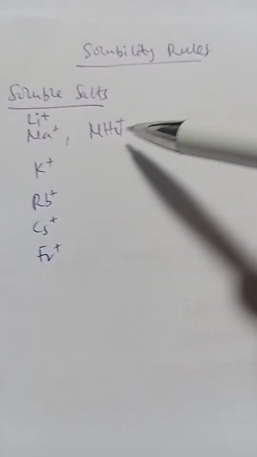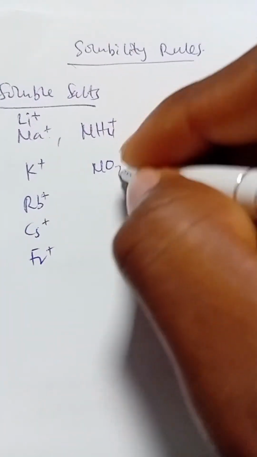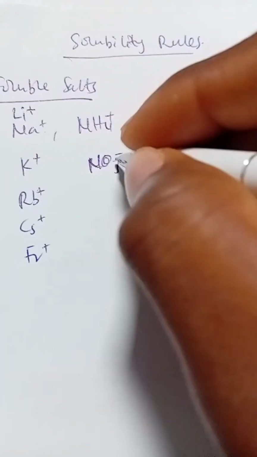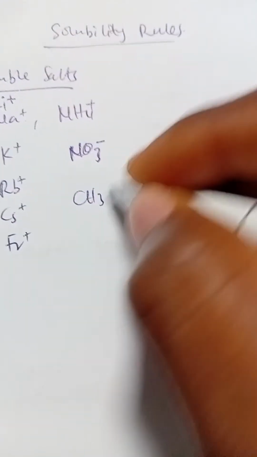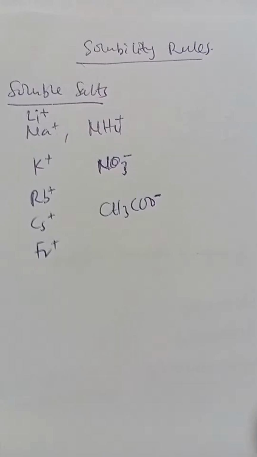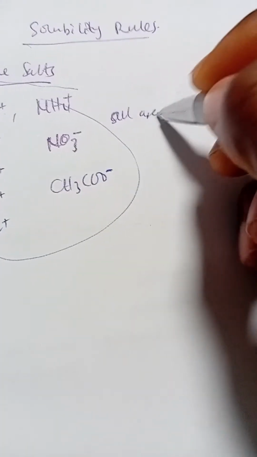So all salts that are made up of these ions are going to be soluble. NO3-, all salts of these ions are soluble. We also have CH3COO-. So no matter what, all are what? Soluble. All are soluble, no exceptions.